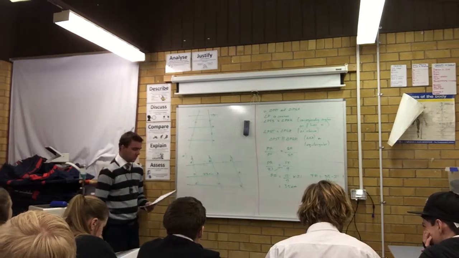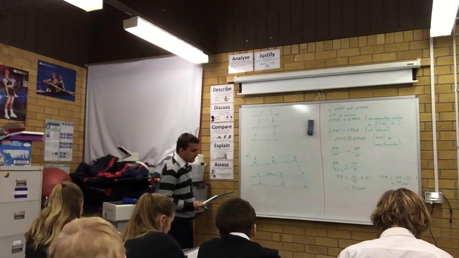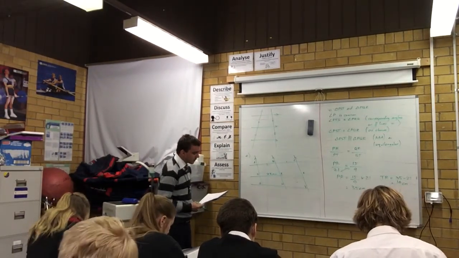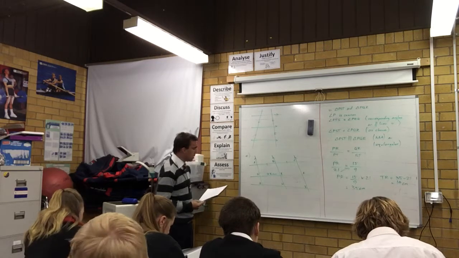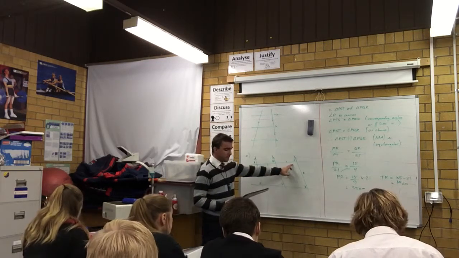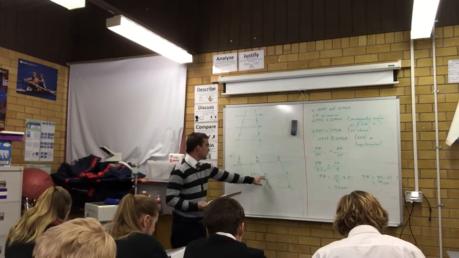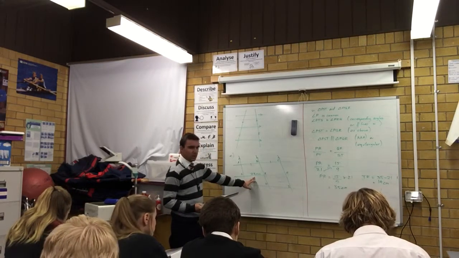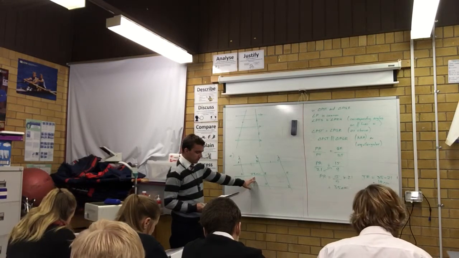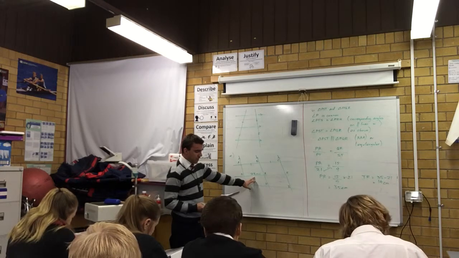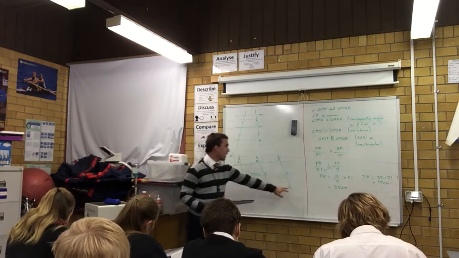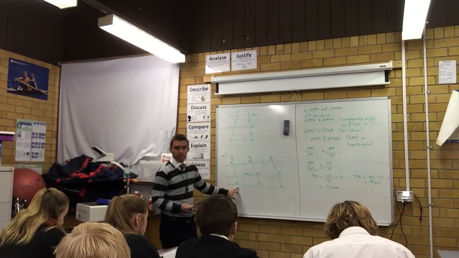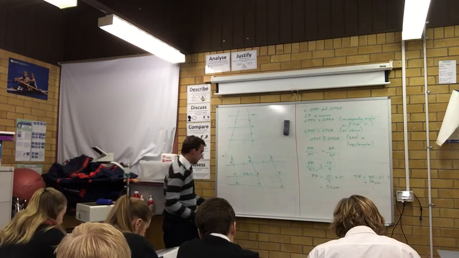So, you're told that. Then the question states that AB, which is equal to BC, so that's equal to that, DE, which is 28, and GI, so the overall length from here to here is 58.